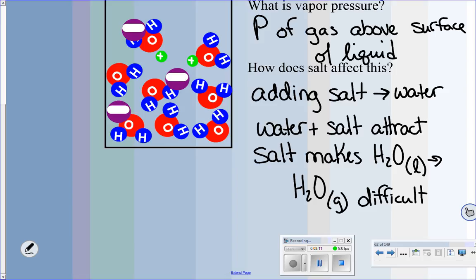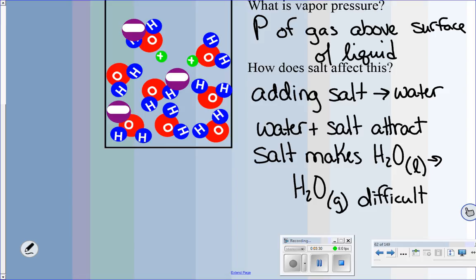Those salt particles make it so these water molecules can't easily leave and go into the gaseous state. If you imagine that the water molecules are like balloons that want to float away, the salt is like tying a rock to them.